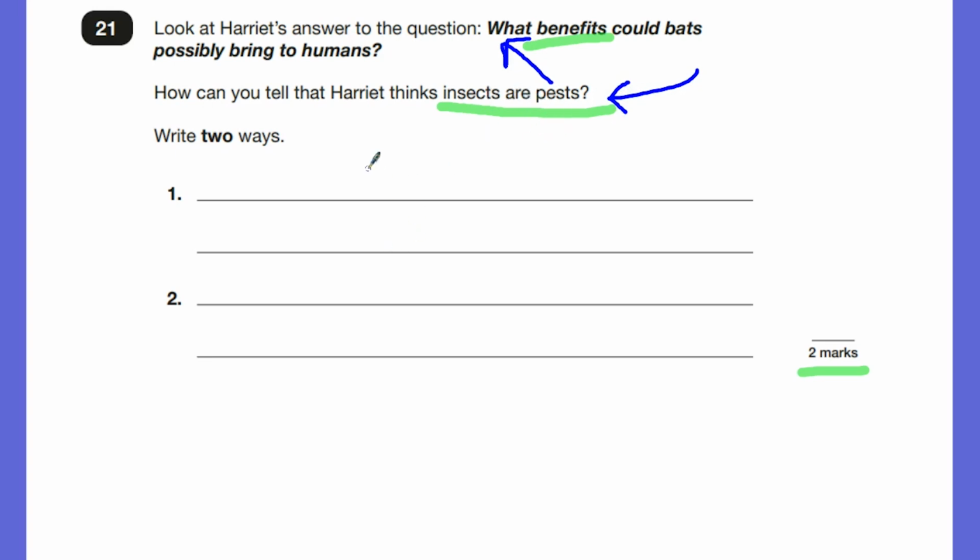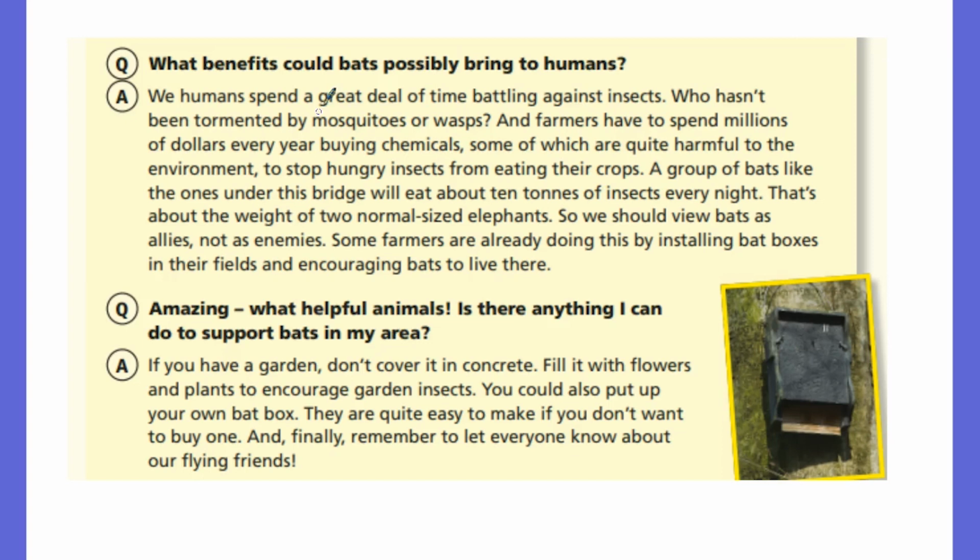So we need to give 2 ways that Harriet suggests that she doesn't like insects or thinks that they are pests. We are not looking for the benefits that bats have, not the ways they help humans. We are looking for what we think Harriet thinks about insects being pests.